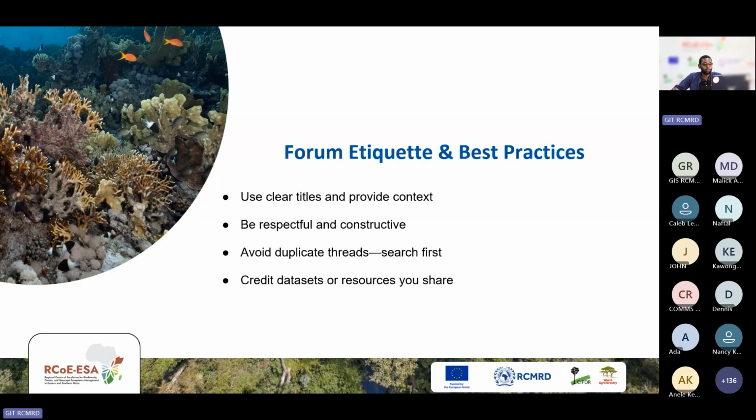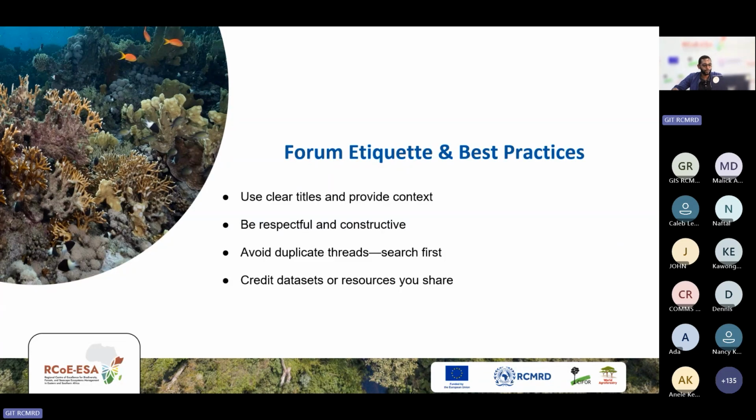In my next slide, I would like to talk about forum etiquette and practices. Allow me to set up a few housekeeping rules. Use clear titles and provide context as you are writing your topics. Be respectful and constructive as you write your topics and comments. I highly advocate for no duplicate threads.